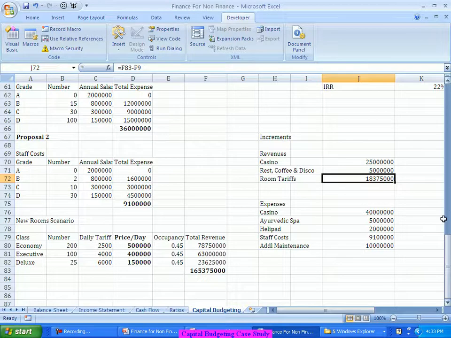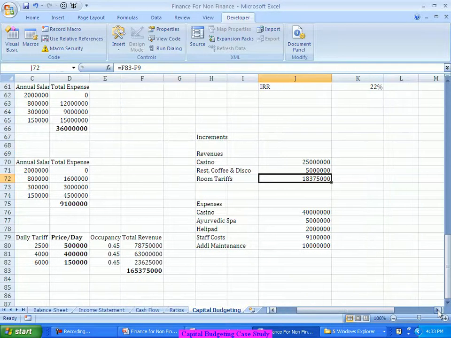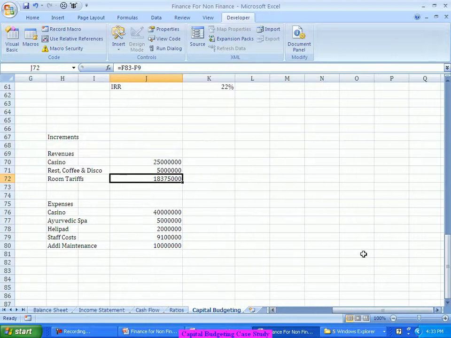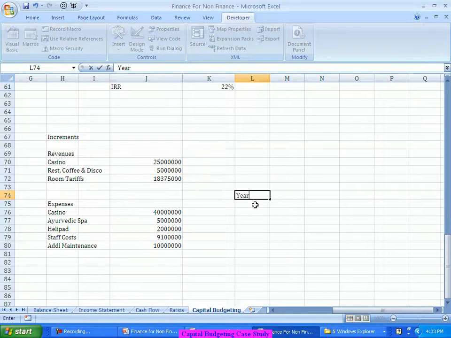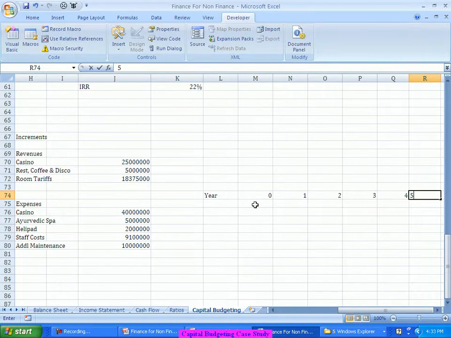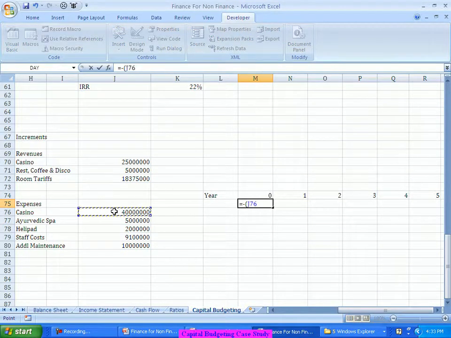Now let's look at year on year versus one time. Again the same analysis I will put. Year 0, 1, 2, 3, 4, 5. Then year 0, how much am I putting? My investment is happening on casino, Ayurvedic spa and helipad. These are my initial one-time investments.